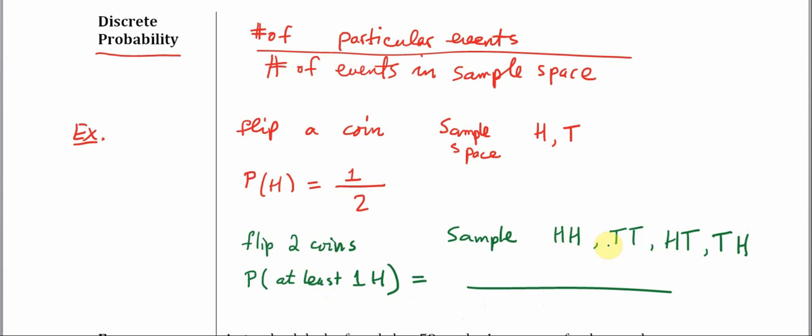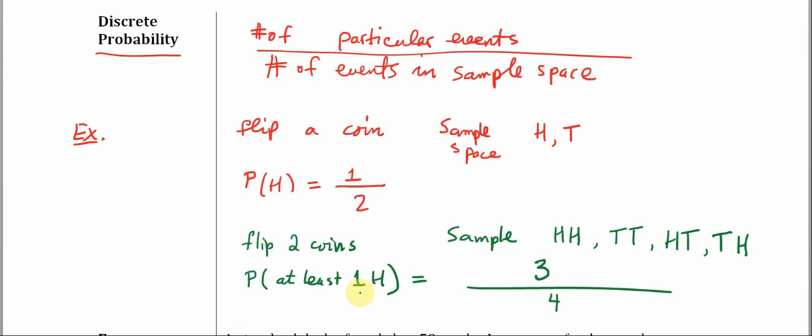Well, this first one has one heads, this one has one heads, this one has one heads. So there are three possible ways for me to get one heads. Then I divide by the number of events in the sample space, of which there are 4. So the chances of me getting at least one heads is 3 out of 4, or 75%.